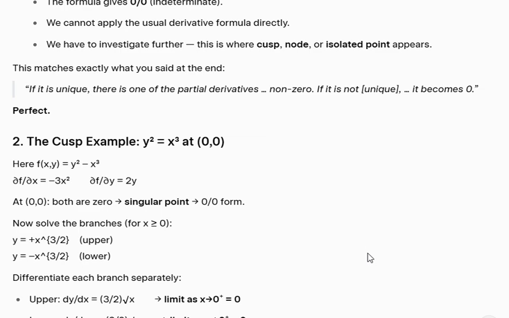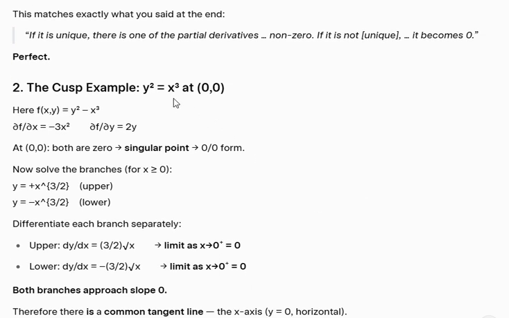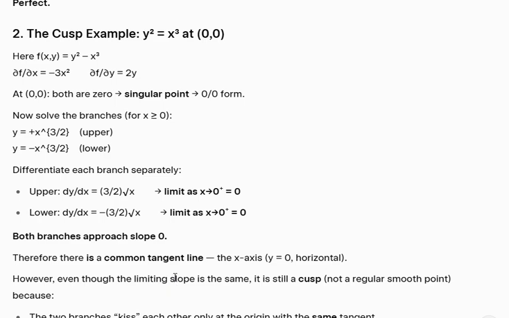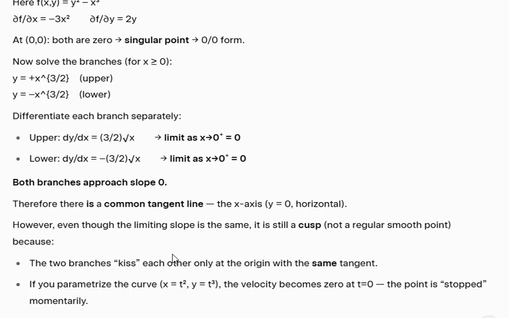That is one thing. One question comes in the case of a cusp: if you work out the derivative, both are 0 by 0 form, meaning dy by dx is approaching 0 on 0, and both branches approach 0. But what is the direction? The direction is different.